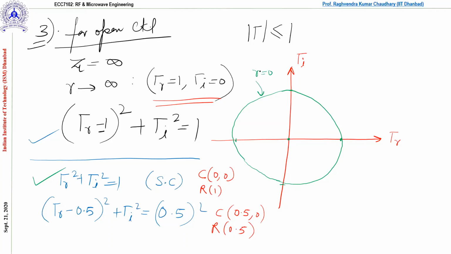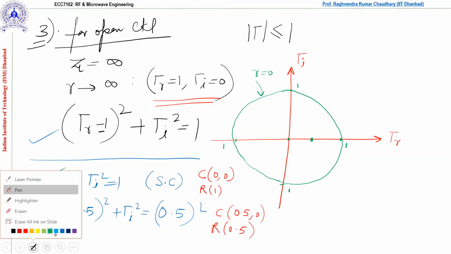Fine. The second thing was for the matched load case. Okay. And in that case, the center was 0.5, 0. Okay. So if this is 1, okay, so the 0.5 we can expect at this location, correct? And this is the center, and taking the radius 0.5, correct? Can we draw? Yes, of course.